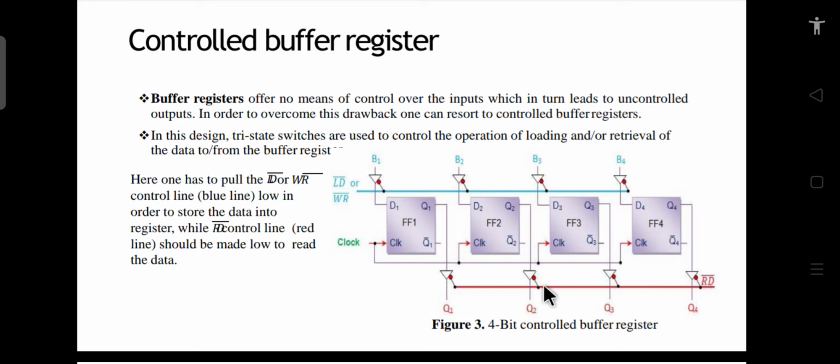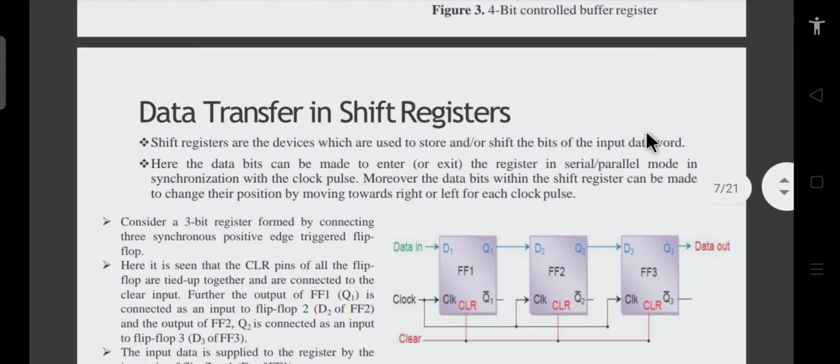Whenever this line is active, that is, whenever this is 0, only then can we read the data from each of these flip flops. If this is inactive, then we cannot read these outputs. So this is the controlled buffer register.